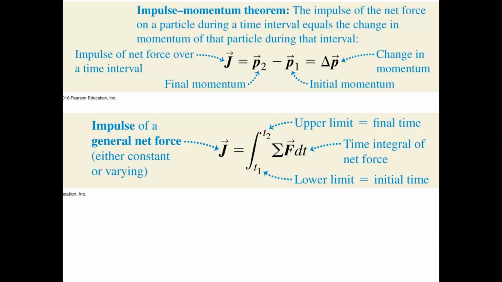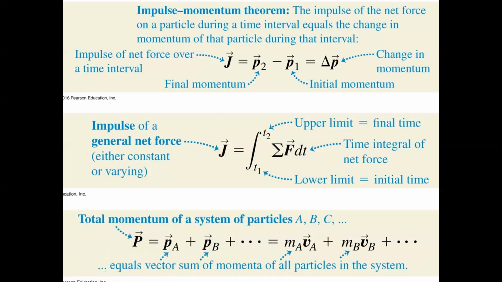The beauty of this approach using calculus is that we can use this formula for constant net force as well as varying net force. If force is constant, we can take it out of the integration sign and just integrate dt. If force is varying with time, we can take force as a varying force and integrate as a whole.